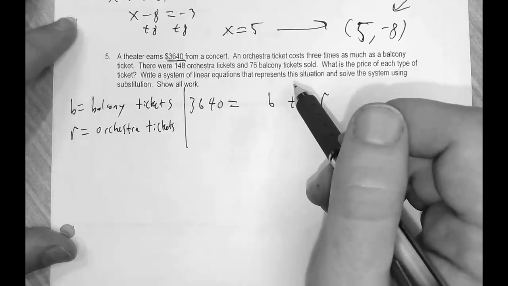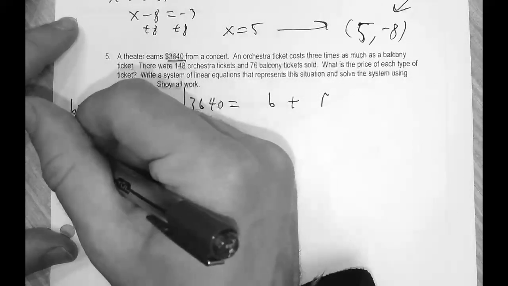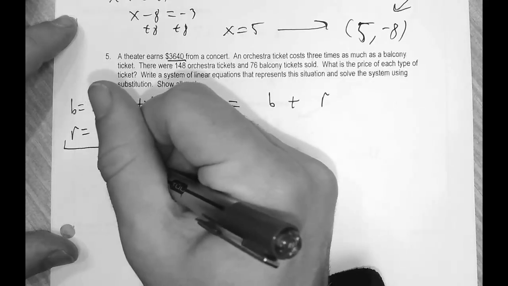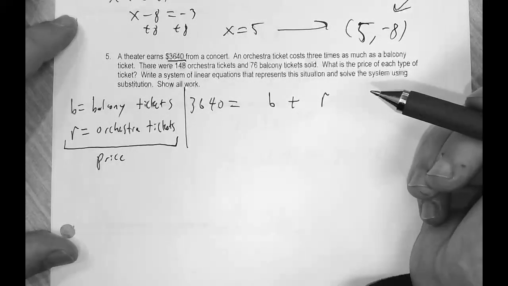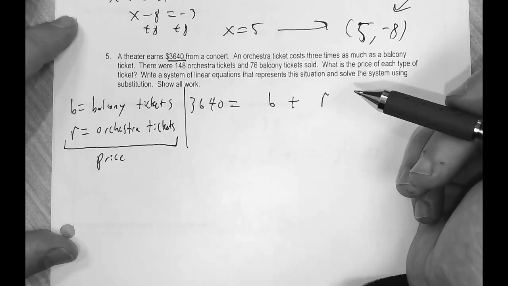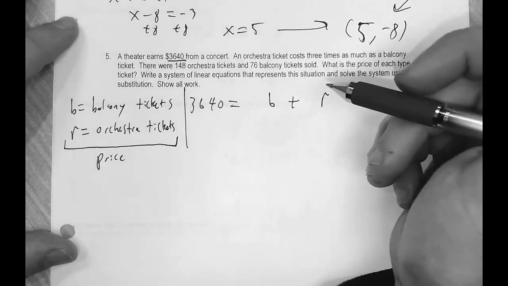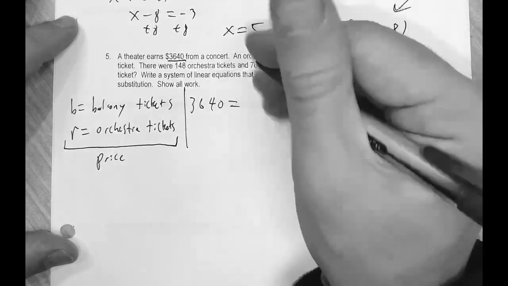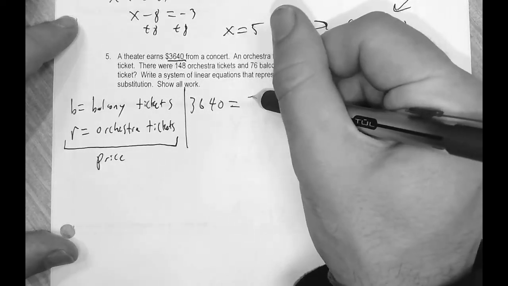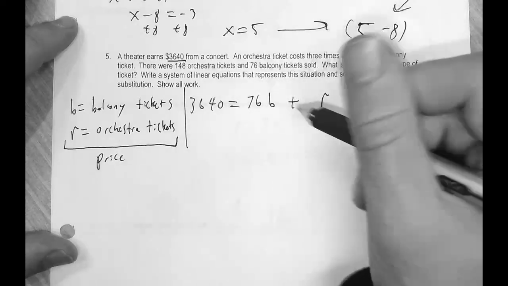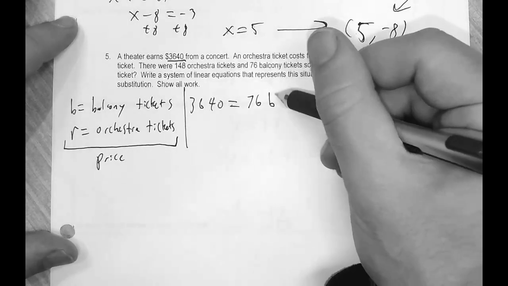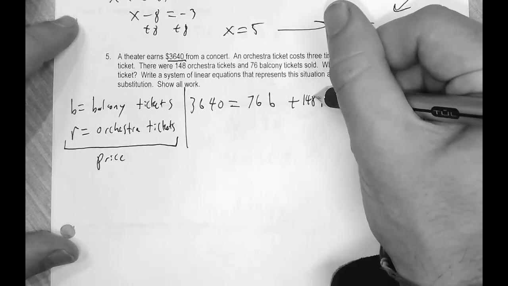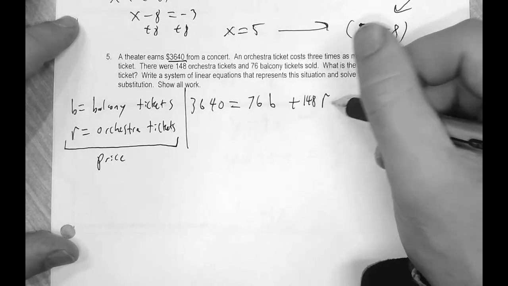So what we're going to do is we're going to set B and R to be the price of these orchestra tickets. Okay? The price of these orchestra tickets. So we're going to say we know that $36.40 is going to be 76 times the balcony ticket price, and then 148 times the orchestra ticket price.